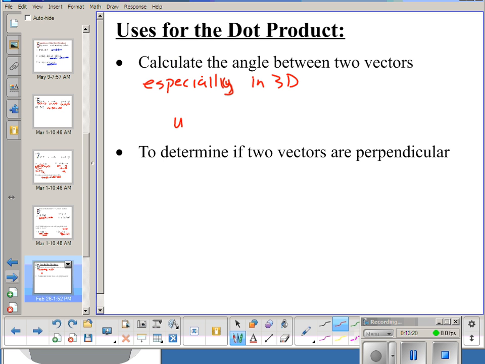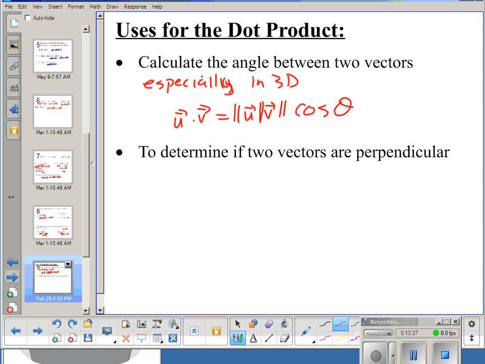And what we'll say is, if we have our components, we can calculate the dot product using them, we can also calculate our magnitudes, and then all that's left is to solve for theta.